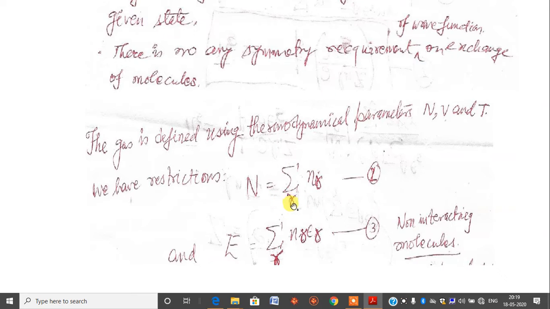For any state r, the number of molecules, say n_r, summed over all possible r gives the total number of molecules, capital N. And the total energy of these molecules is capital E. Each energy state, say the rth energy state, has energy value epsilon_r, and the number of molecules in that state is n_r. So n_r multiplied by epsilon_r, summed over all possible values of r, leads to the total energy capital E. When molecules are non-interacting, only in that situation can you write the total energy in this fashion.